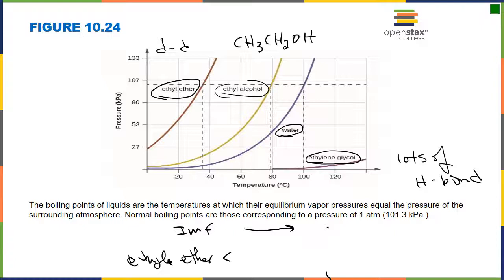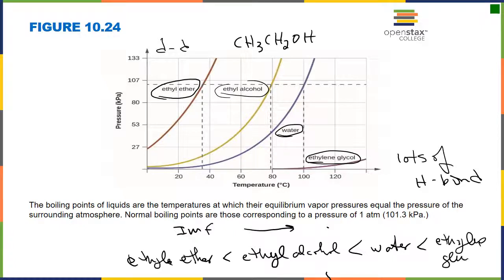Ethyl ether is going to be lower than ethyl alcohol, which is going to be lower than water, which is going to have lower intermolecular forces than our ethylene glycol. Now, our ethylene glycol is going to have high intermolecular forces because it's got large hydrogen bonding.